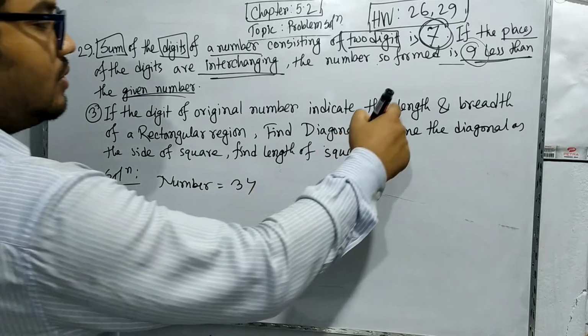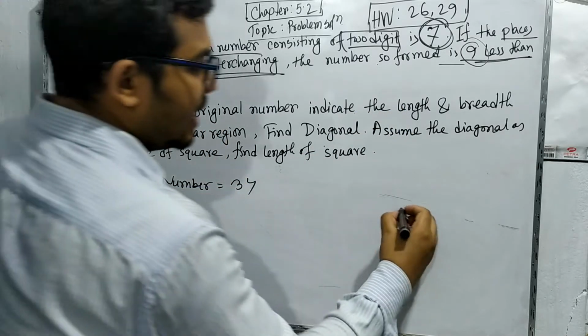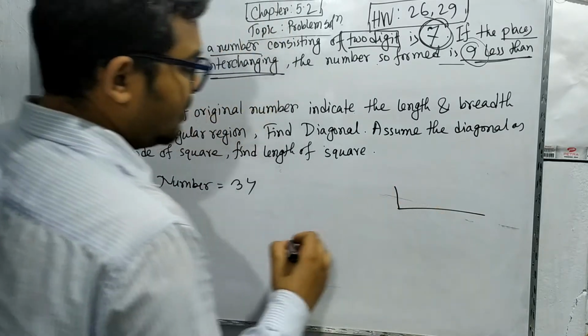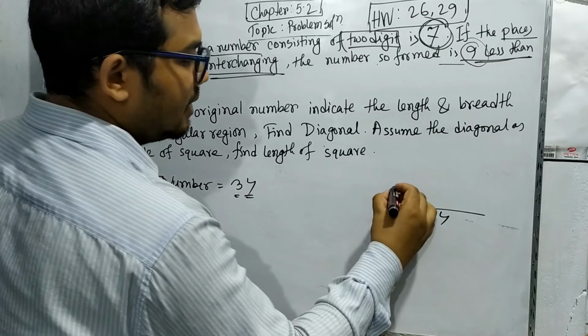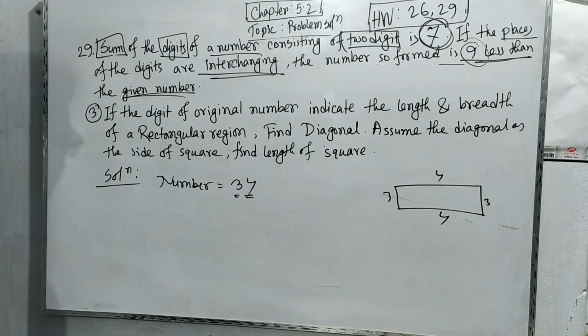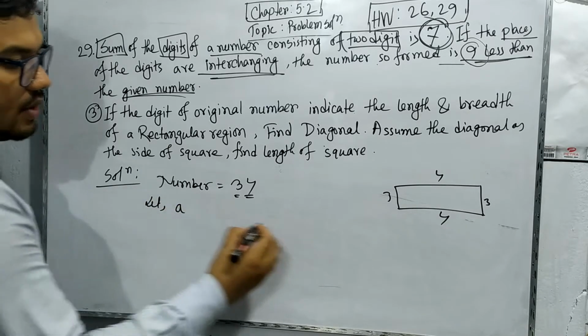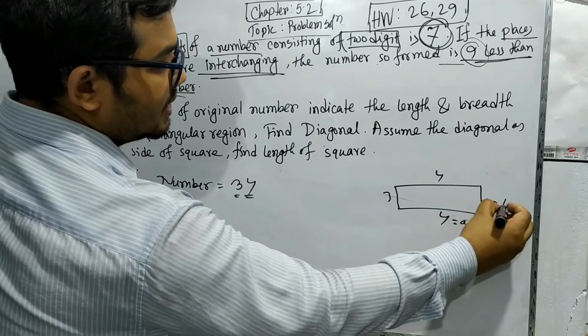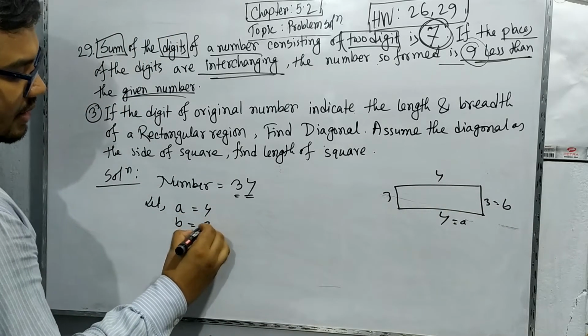So you have to take these two as length and breadth. So our length is 4 and breadth is 3. So this is our rectangular region, where this is 3, this is 4. Let our length be A and this be B. So our A is 4 and B is 3.